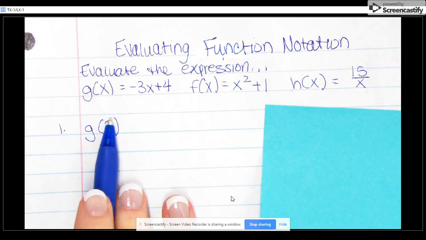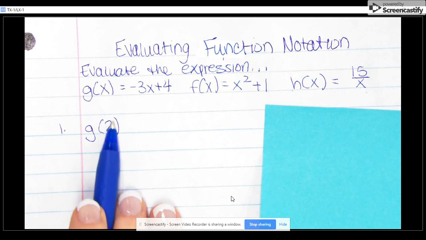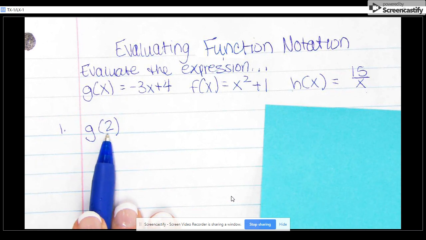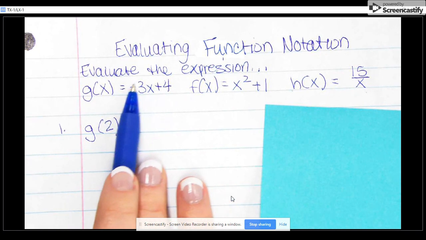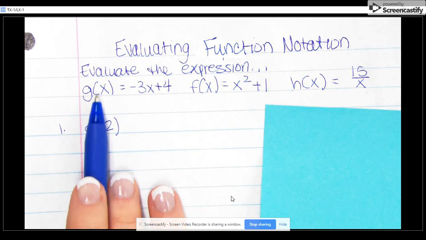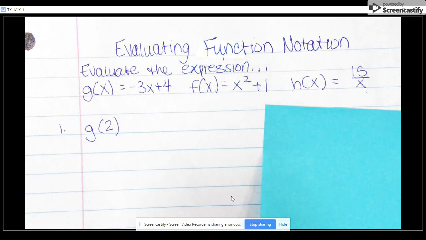The next step is to identify what you have. What are your x and your y's? In this problem, I have my x inside the parentheses exchanged out with 2. 2 took its place. So that means in the entire problem where I see an x, I am also going to exchange that out for 2. So let's write that down.